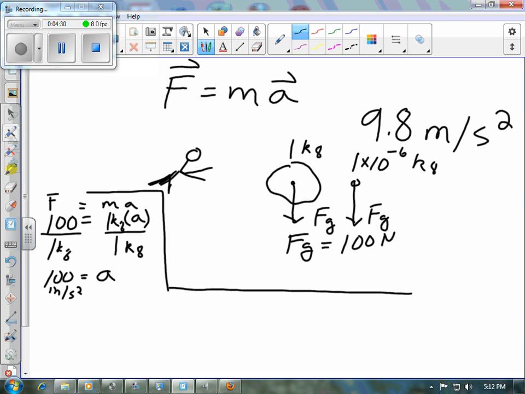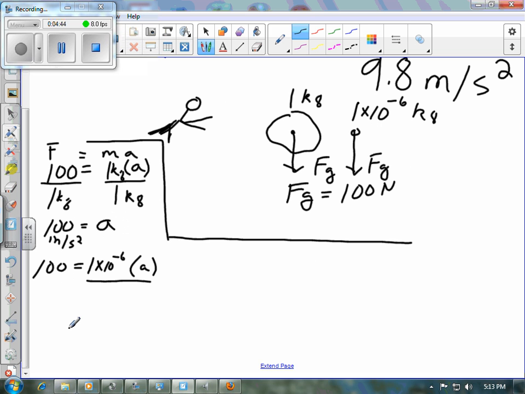Let's do the same thing for the small rock now. So for this one, the force is the same in this drawing. The mass is now 1 times 10 to the negative 6.